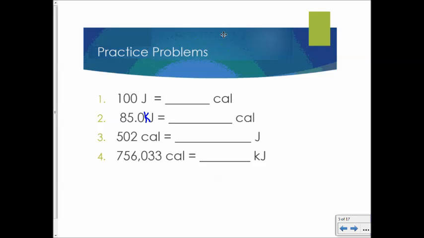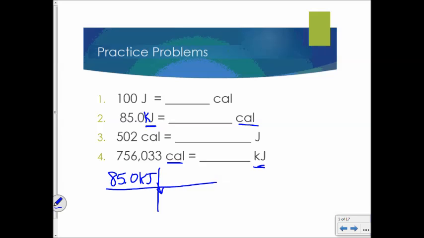But 2 and 4 are both, because we have kilojoules, calories and kilojoules here. Those are going to take 2 steps. So if you want to review your 2 steps, let's go ahead and work number 2. If we have 85.0 kilojoules, I'm going to diagonal down my kilojoules, and I can go to what directly from kilojoule?